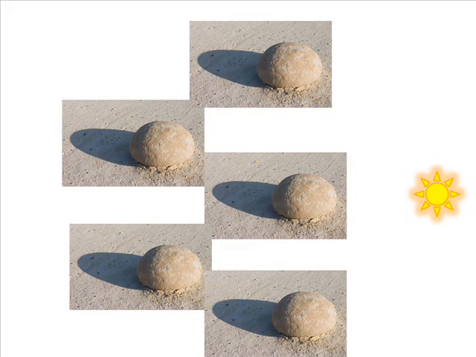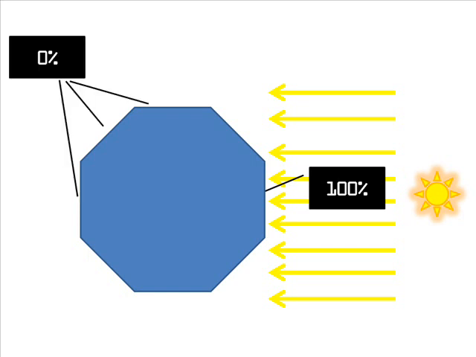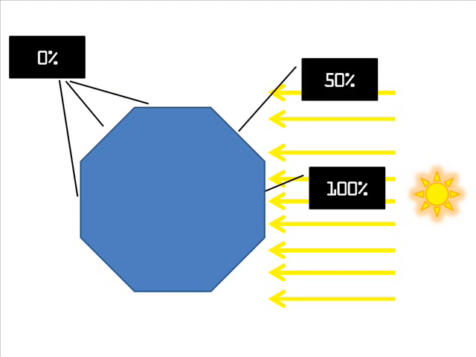Let's go back to our sunny day example. If you consider all the objects in our game, all of them are getting lit up on the same side. This is caused by a directional light, the sun. All the parts that face towards the sun are brightly lit up. Those that are away from the sun get nothing, and that stuff which is partially towards the sun gets some of the light.